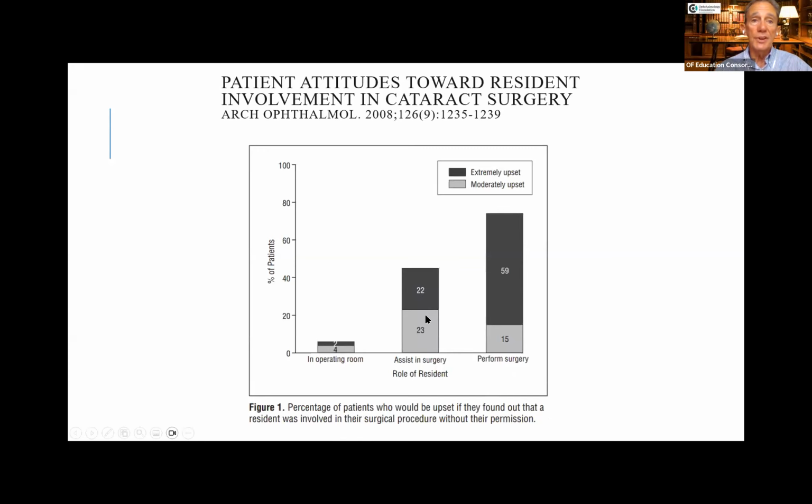But even assisting without their permission was more upsetting, and the most upsetting was performing surgery, where 59 percent would be extremely upset if they learned this after the surgery.